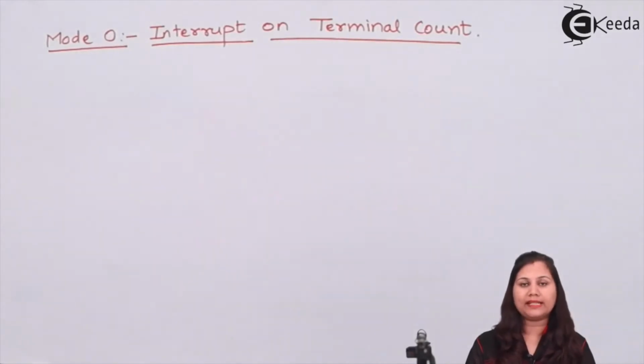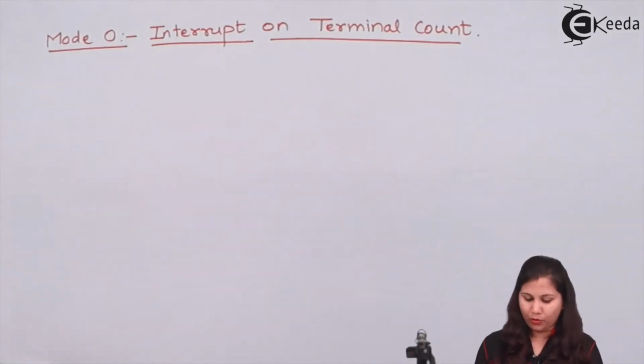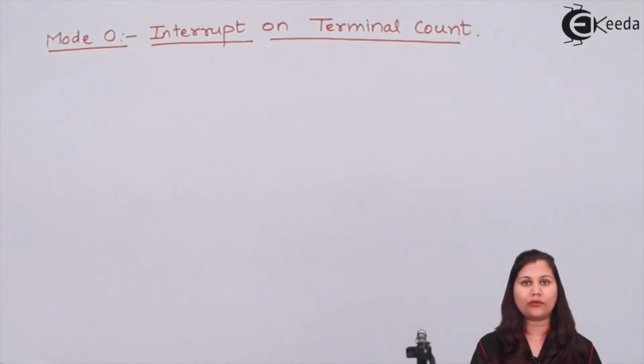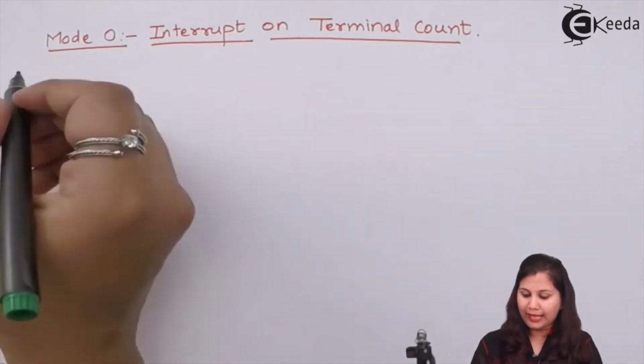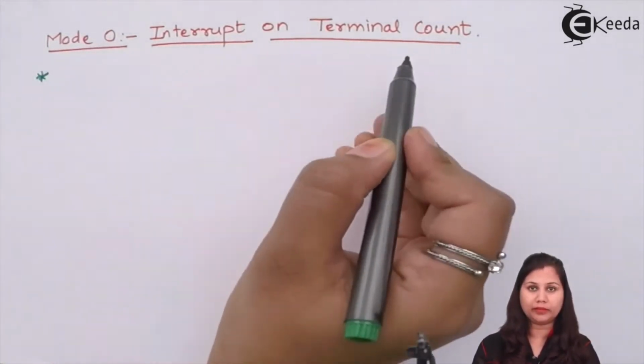So this mode is selected when in the control word we have the 3 bits M2, M1 and M0 as 000. Now, what is the work of the timer in this mode? What is the timer going to do? As the name suggests, this mode is known as the interrupt on terminal count.